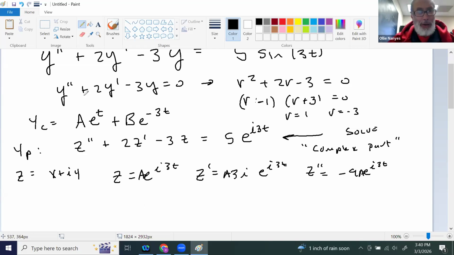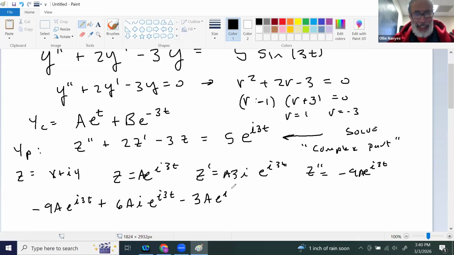Now when I dump this into the differential equation, I get negative 9a e to the i 3t plus 2 times 3, that's 6ai, minus 3a, and that must be 5.